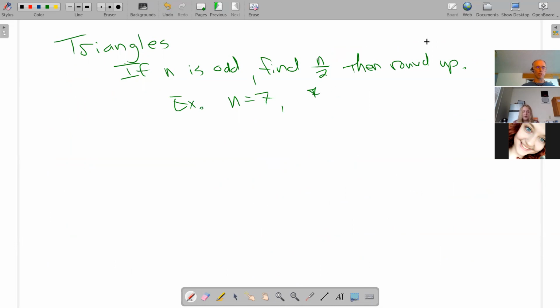Oh, it's supposed to be a 7. Sorry about that. 7 over 2 is 3.5, which rounds up to 4. So there must be 4 triangles. Cool. Thanks for asking that question.